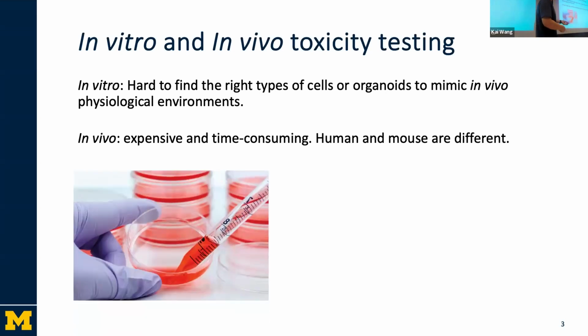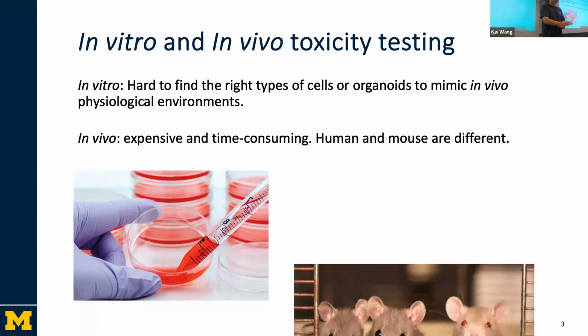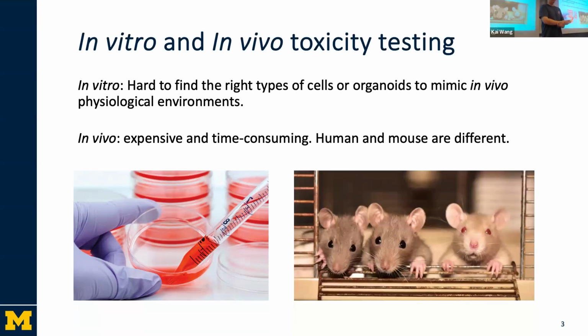In vivo, which we use a lot in the SPH, we use a lot of mice to do the study. But the other problem with this method is that it's very expensive and time consuming. Also, humans and mice are different, and also those are cute animals.